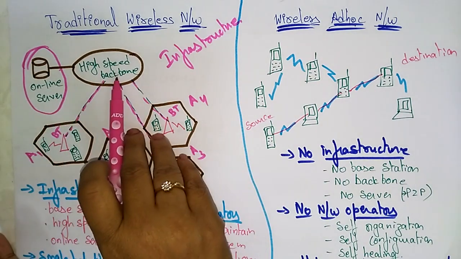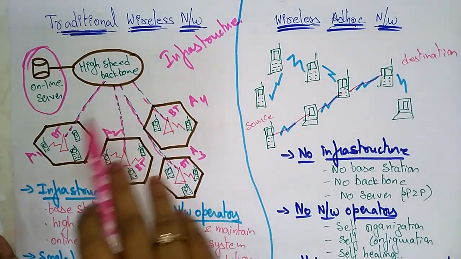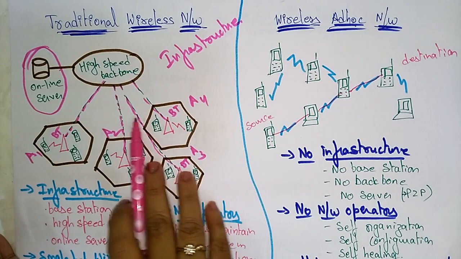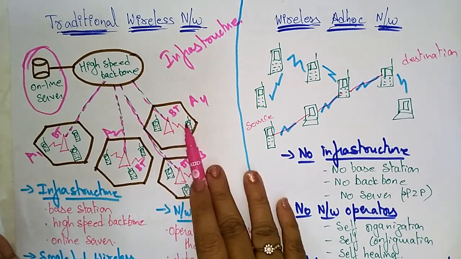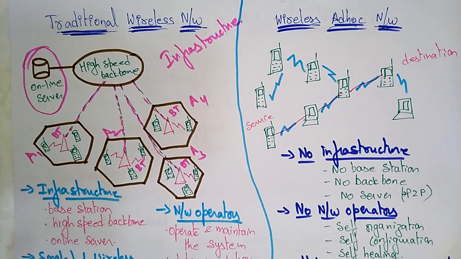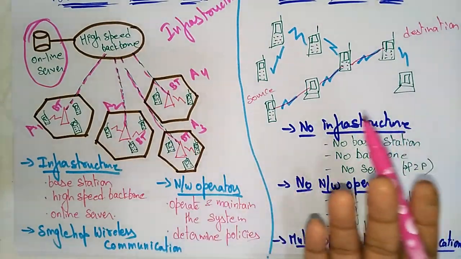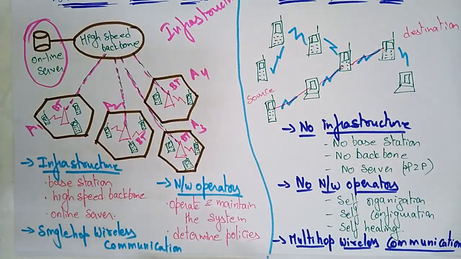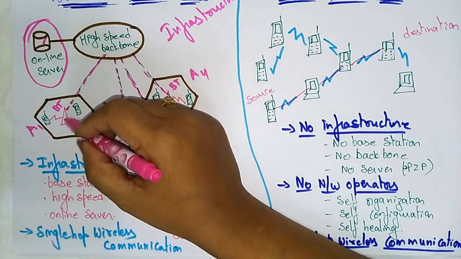So this is a traditional wireless network. An online server and a high-speed backbone are required. It sends the signals to every base station, and from the base stations, the mobiles in that particular area receive the signals. By seeing the diagram itself you understand this is an infrastructure, because it requires the online server and the base stations.